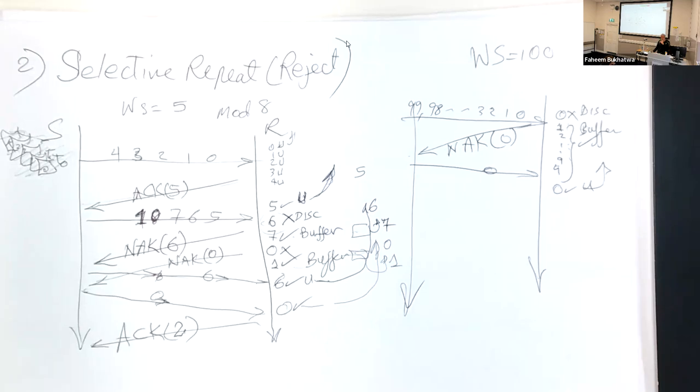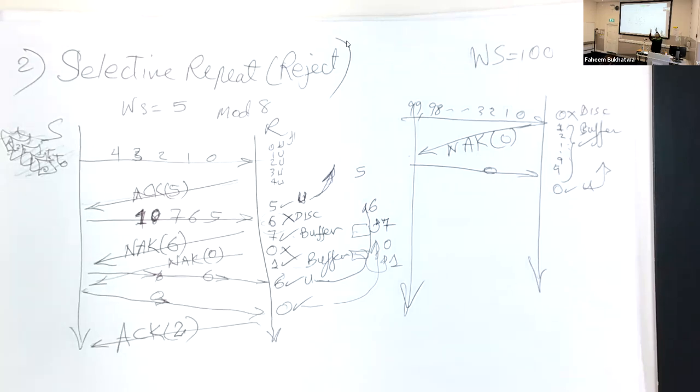Okay, guys? So this works perfectly, it never retransmits a good frame because the receiver is going to keep it. But what's the problem with that? The problem is the receiver now needs memory, so it needs to be able to store these frames that are out of sequence.